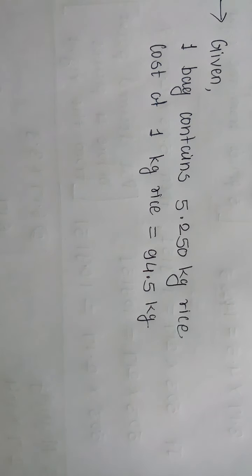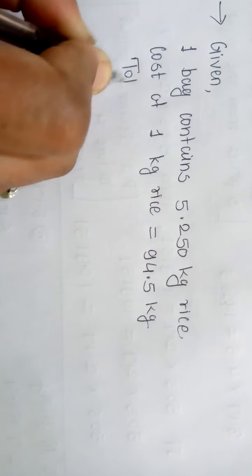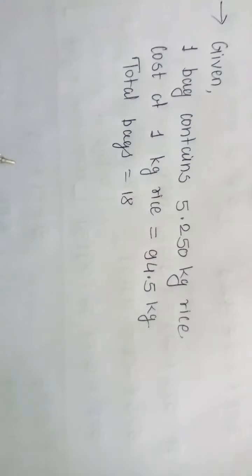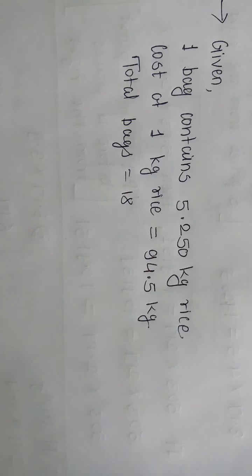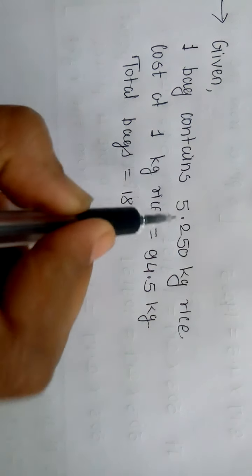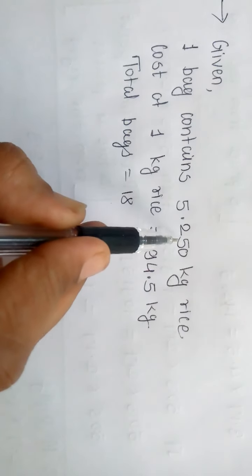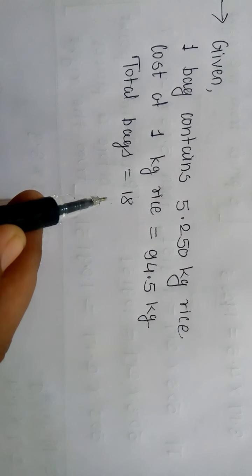Virendra bought 18 bags. So first we have to find out the total rice he bought. In one bag 5.250, then in 18 bags we have to multiply this 5.250 into 18.